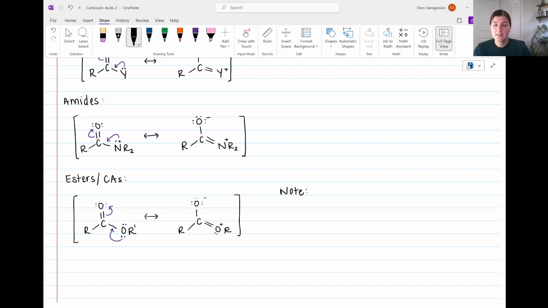So that means that this resonance that we're showing for esters is less significant in the ester molecule than it is in the amide molecule, because nitrogen is more likely to share its electrons. It's not holding them as tightly. Nitrogen has fewer protons in its nucleus, so it's more willing to share those electrons than an oxygen is. So let's write that note here.